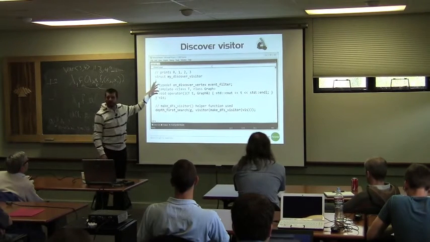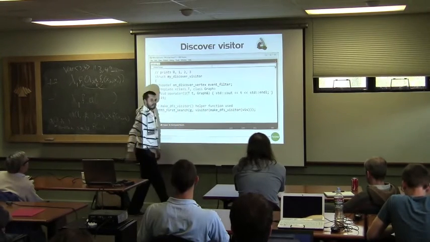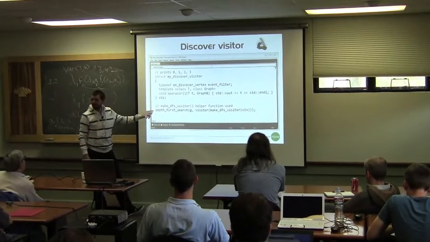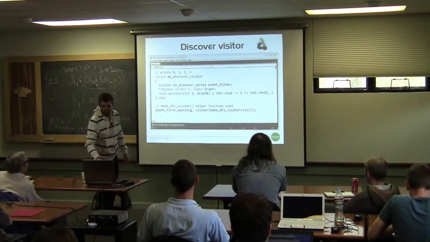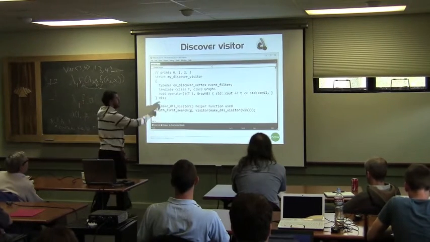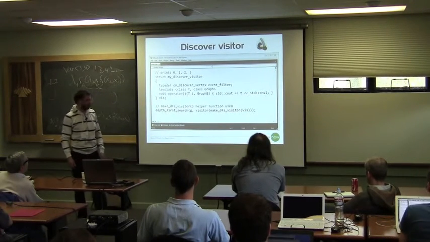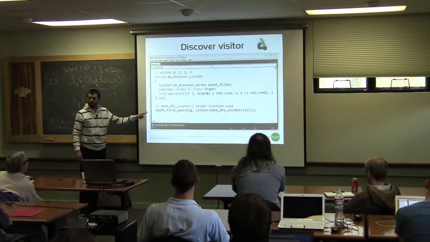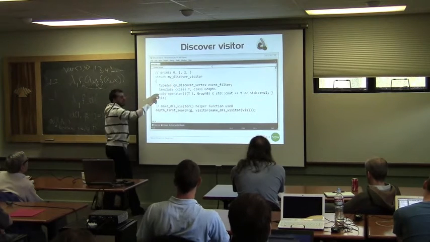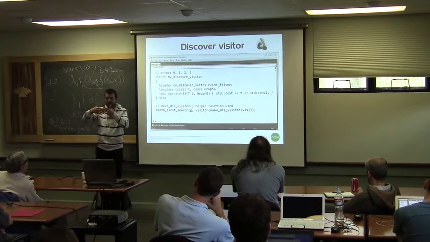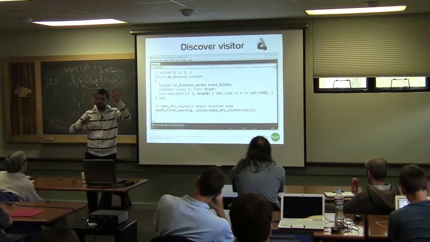So I take my algorithm independent visitor, make it algorithm dependent, and then I can pass the visitor to that function. Again, if I run this code, I see now 0, 1, 2, 3, because that visitor does the depth first, and the 2 is the vertex which is furthest away from the 0. I mean, it's the opposite one.